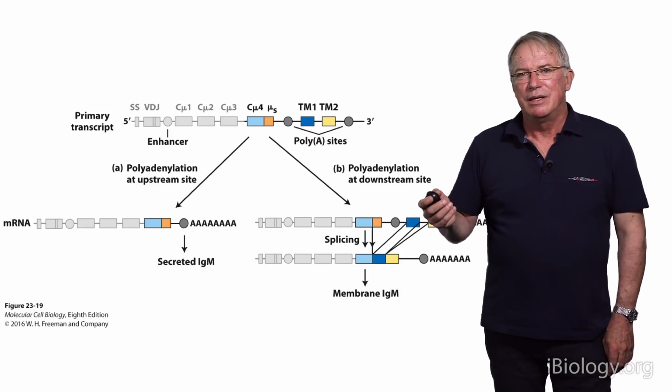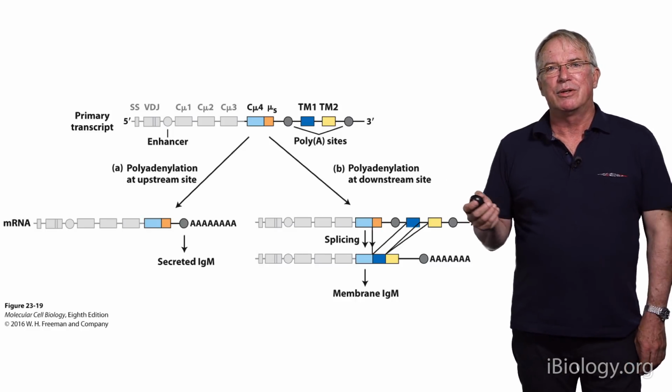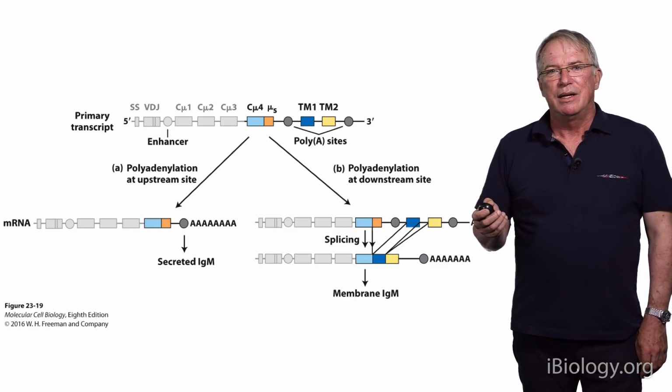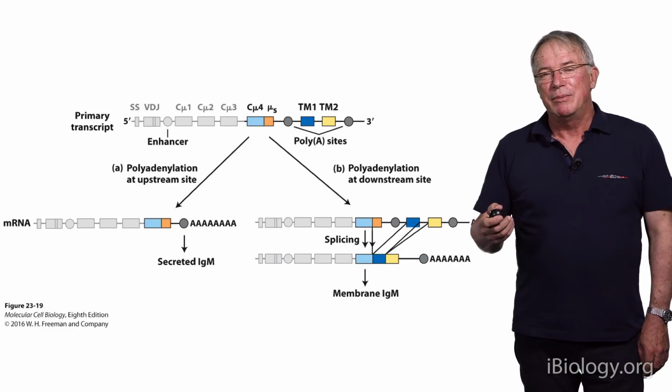If we consider the different manifestations of immunoglobulins as they occur on the surface of a B cell, we realize that there's an important cell biological distinction to be made. B cells make both membrane-bound immunoglobulin, and that very same immunoglobulin can be secreted as well. This is a process that's controlled by alternative polyadenylation.